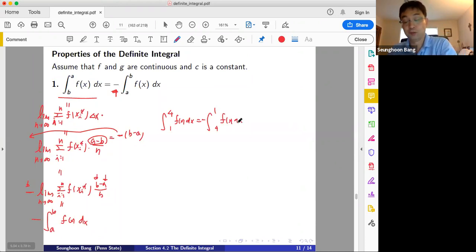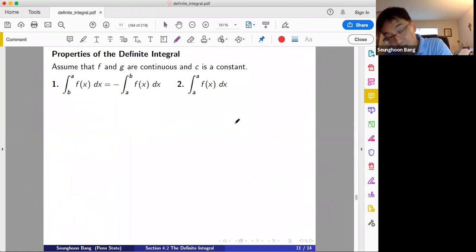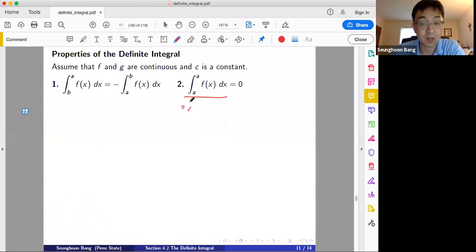This is already true. The next one: when the upper limit is the same as the lower limit, the answer is always 0. Does it make sense? This is the limit as n approaches infinity of the summation i equals 1 to n of f of xi star times delta x. What's delta x?